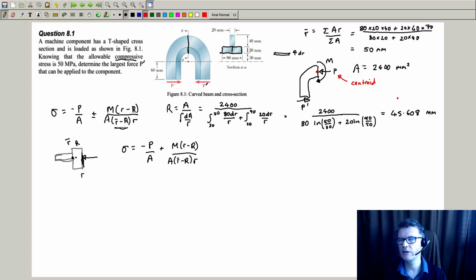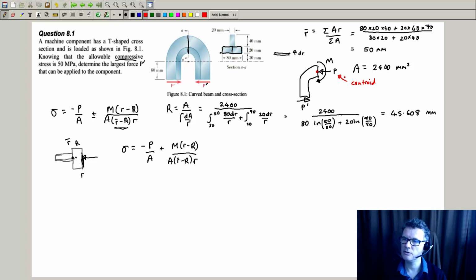Forces are applied down the centroid, aren't they? Because otherwise that will create another turning moment. So okay, that is making sense.